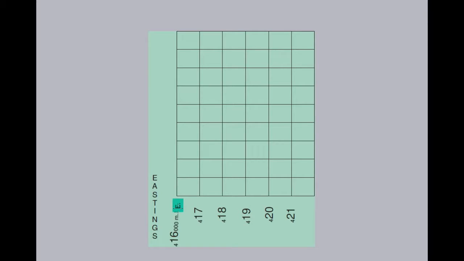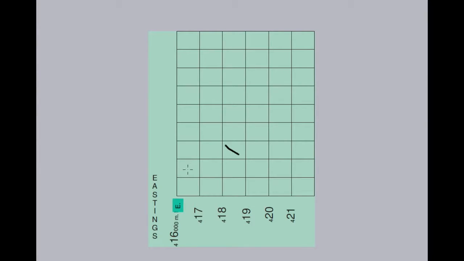For instance, right here is the line 416,000 meters east, and this is 417,000 meters east, 418,000 meters, 419,000 meters, 420,000 meters, etc. So each one of these squares then represents 1 square kilometer, and oftentimes this 1 square kilometer grid will be superimposed on your USGS topo maps.